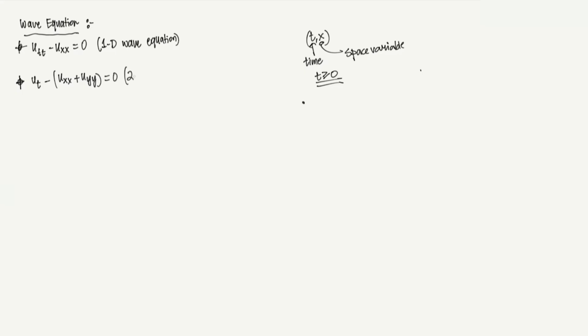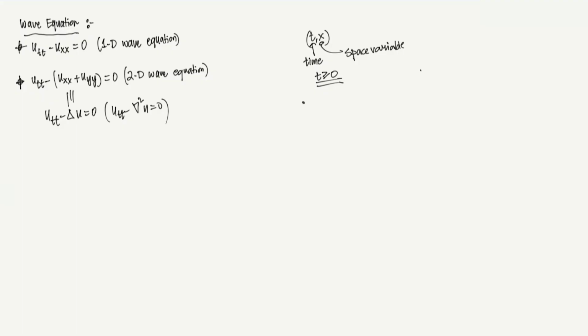This will be the 2D wave equation. We do not explicitly write it like this. We write this as equivalent to utt minus Laplacian of u equals 0, or we also write utt minus grad square u equals 0. It's all the same, just a notation thing.